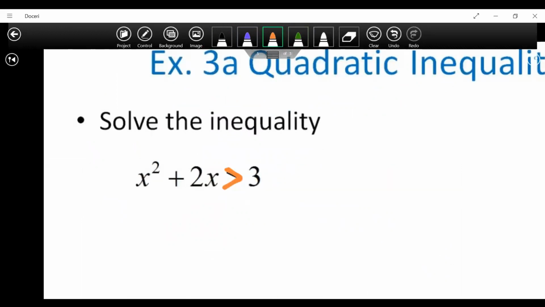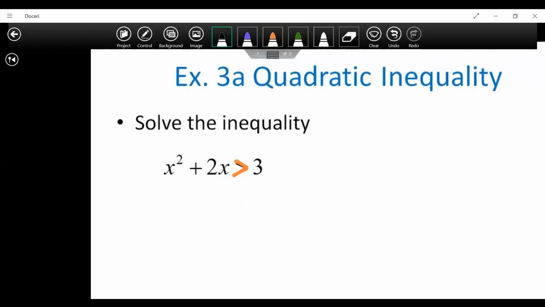Our first step for solving quadratic was to do what? Make sure everything's on the left-hand side. So we're going to do that first. So we're going to get x squared plus 2x minus 3 is strictly greater than 0.